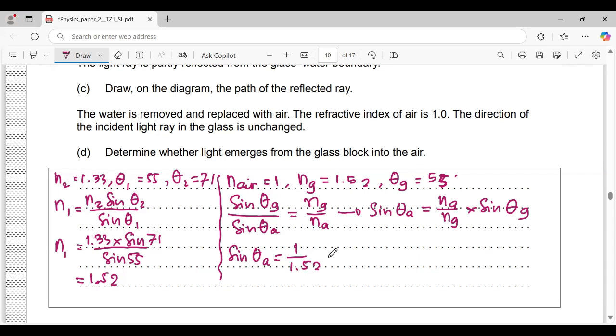Okay. The refractive index of glass is 1.52, times sine theta glass, which is 55. If you calculate, sine theta air is 0.5389.